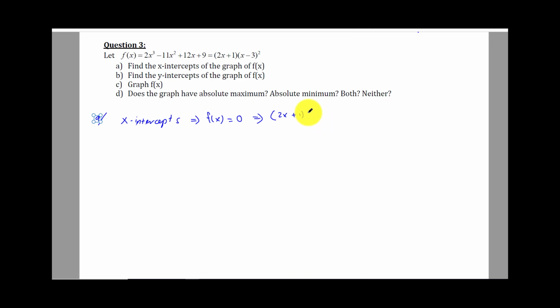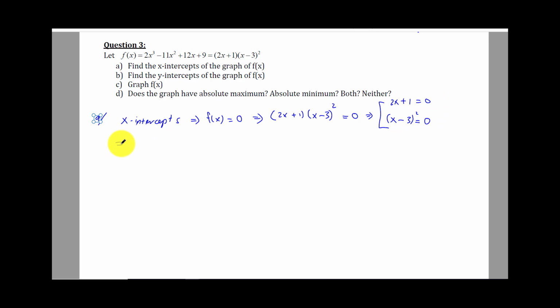So we let that be 0, which is 2x plus 1 times x minus 3 squared equal to 0. And this equal to 0 tells me that one of the two factors has to be equal to 0. So either 2x plus 1 equals 0 or x minus 3, squared, equals 0.